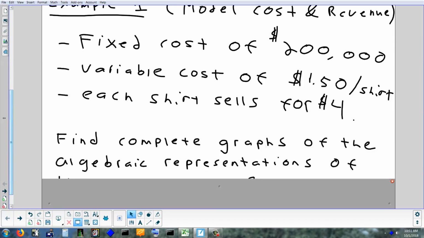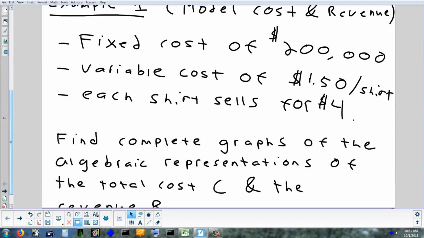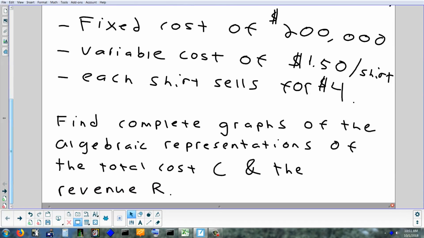So what they want us to do is find a graph of two different equations. First thing we've got to do is come up with equations. They want a graph of an equation for the cost, and an equation for the revenue.